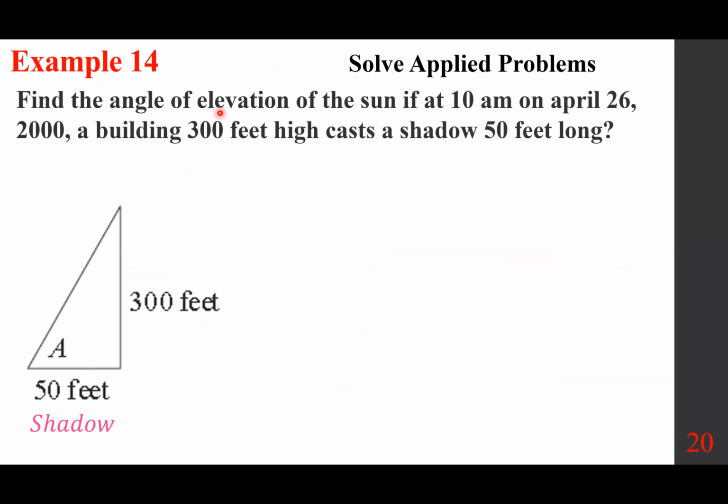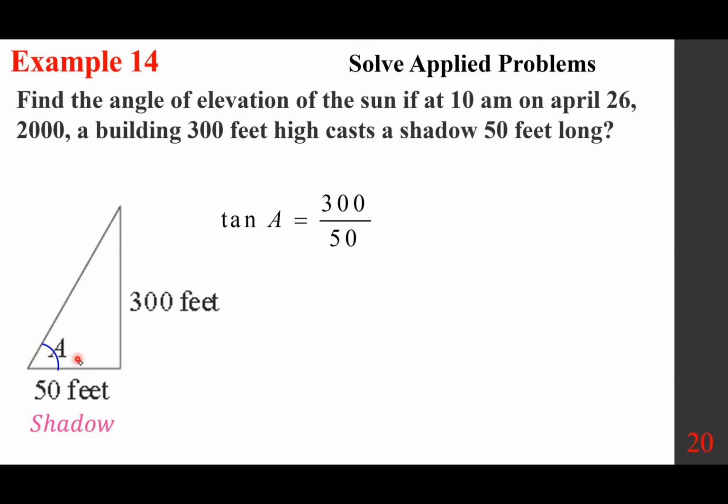Find the angle of elevation of the sun if at 10 a.m. on April 26, 2000, a building 300 feet high cast a shadow 50 feet long. So here's 50, here's 300, and this represents the direction towards the sun. This represents the angle of elevation.